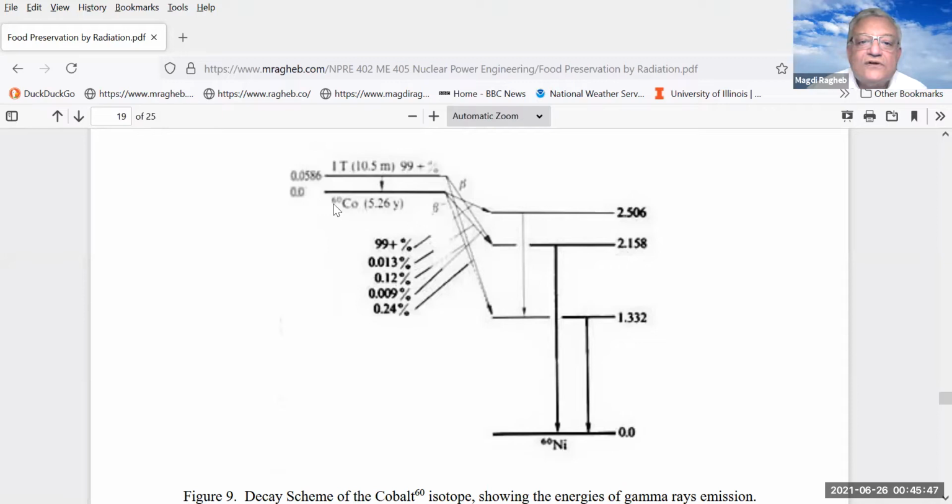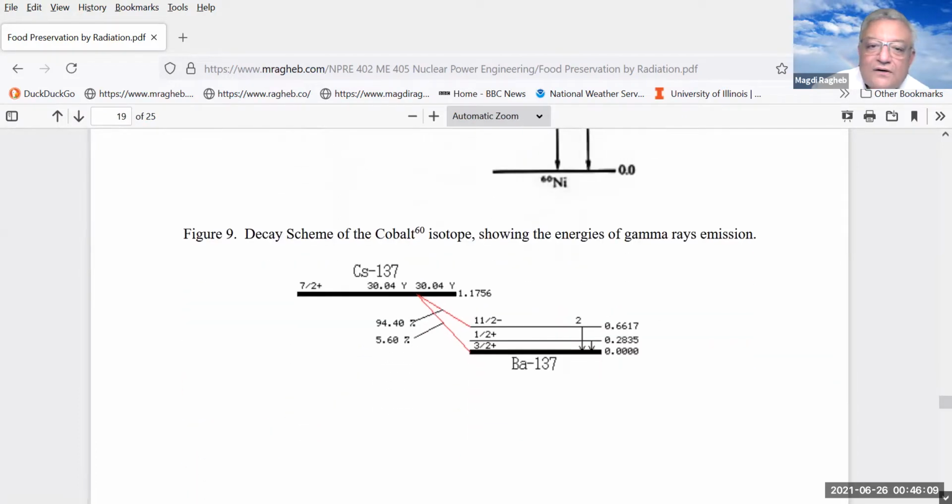So cobalt-60 becomes nickel-60, but after the release of gamma radiation, this gamma photon here is 1.33 million electron volt of energy. This gamma photon is 2.1 million electron volt of energy. This one is 2.5 minus 1.332. Those gamma radiations basically sterilize, kill the bacteria, the fungi, or the insects.